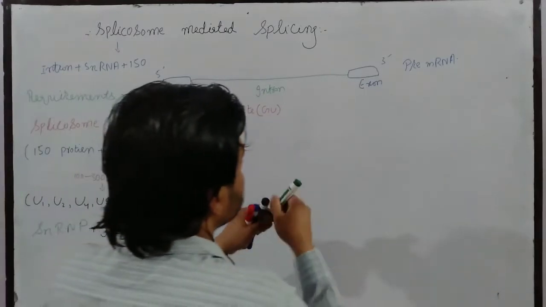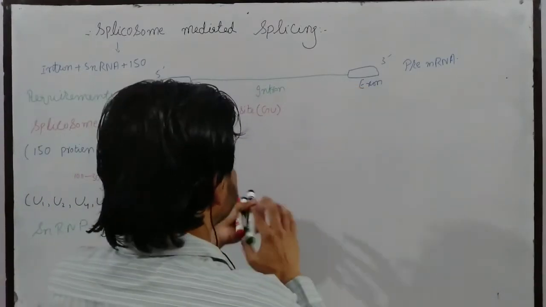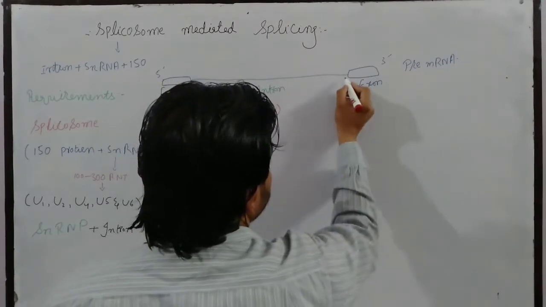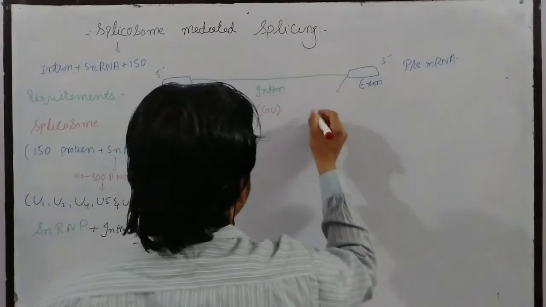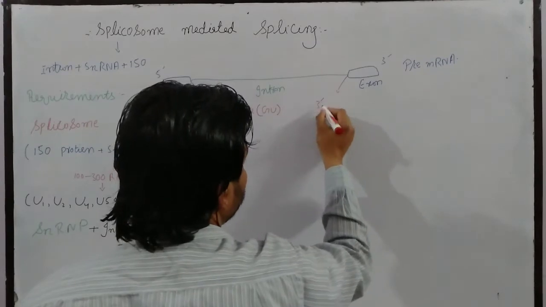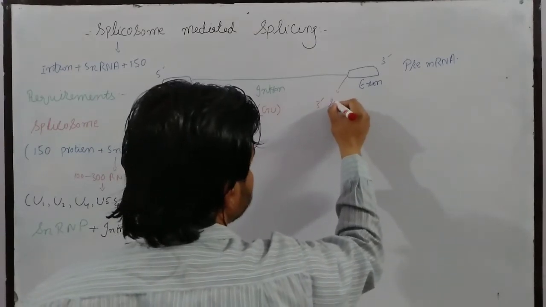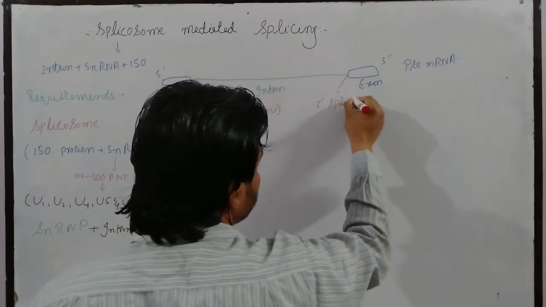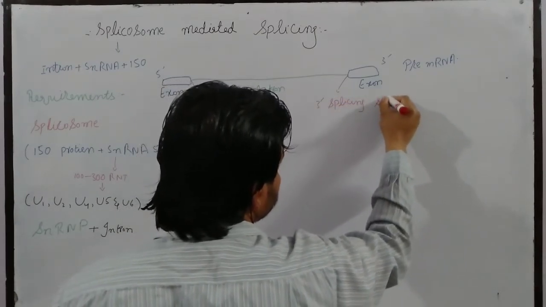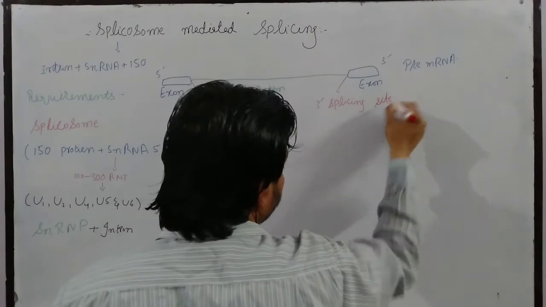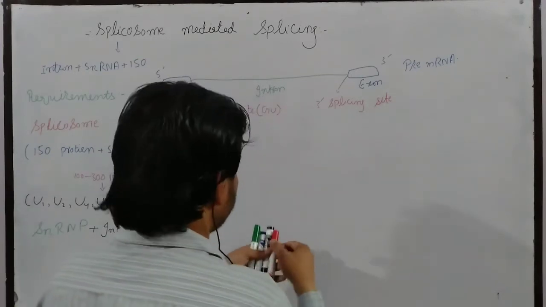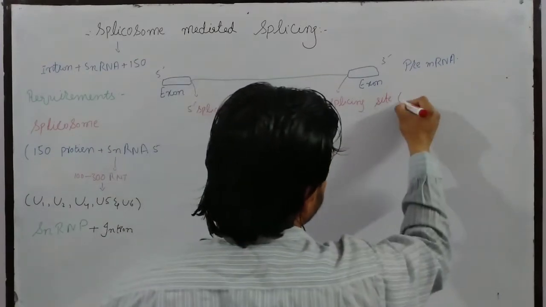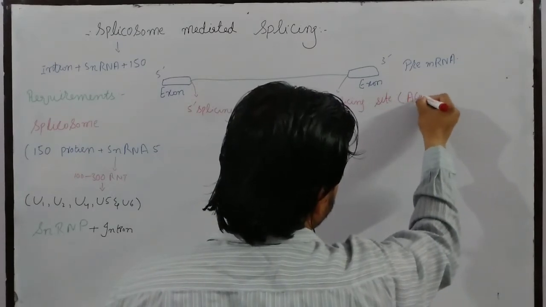So let me write: at that specific position we have the 3' splicing site.